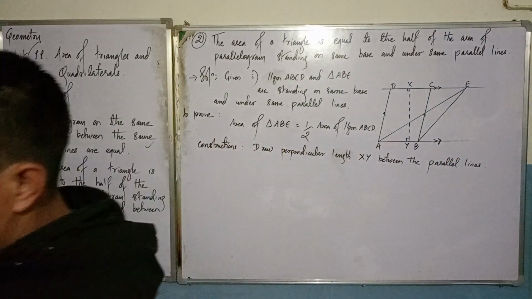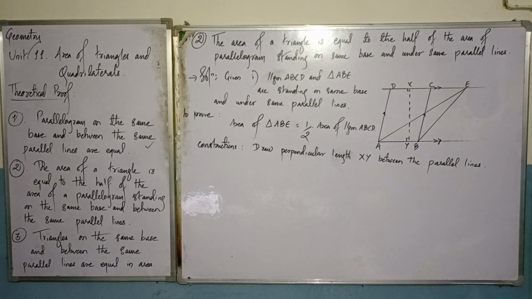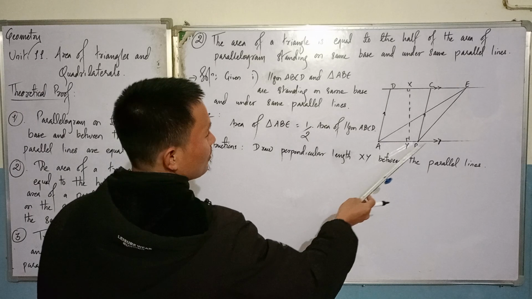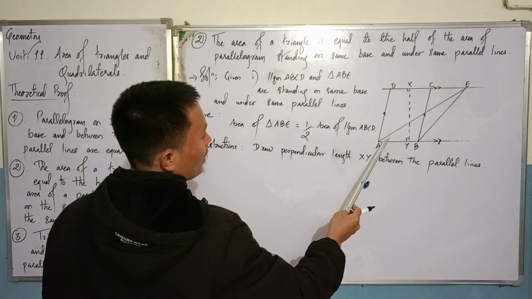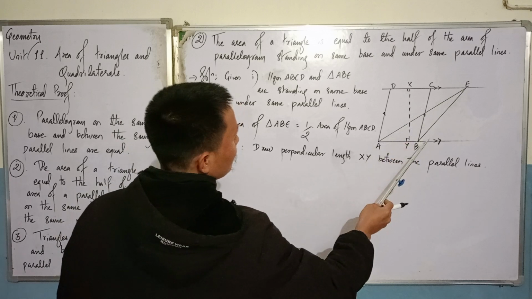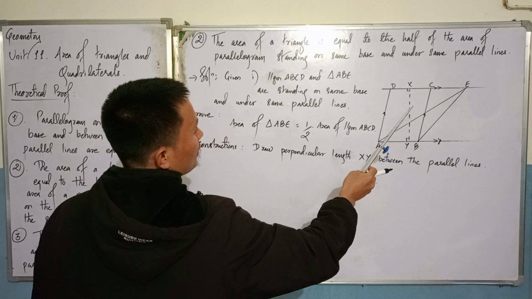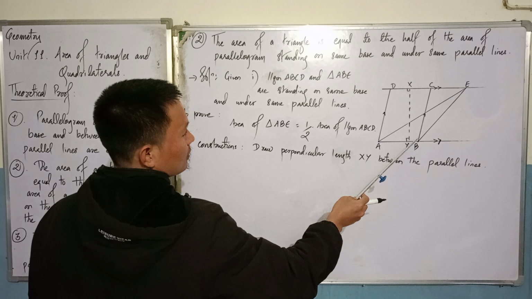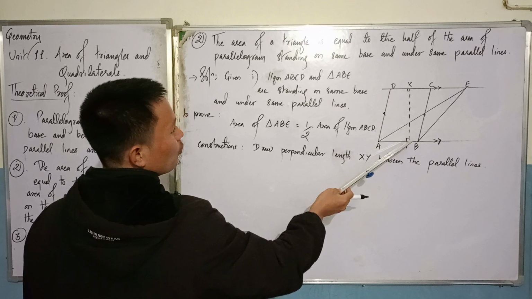For both parallelogram ABCD and triangle AEB, this xy will represent the height.